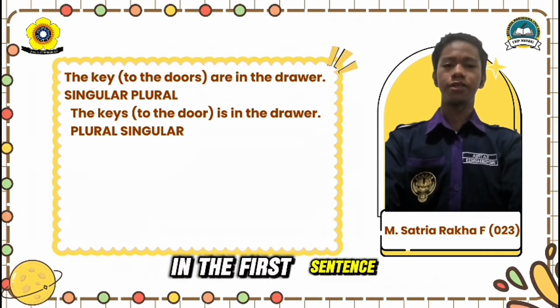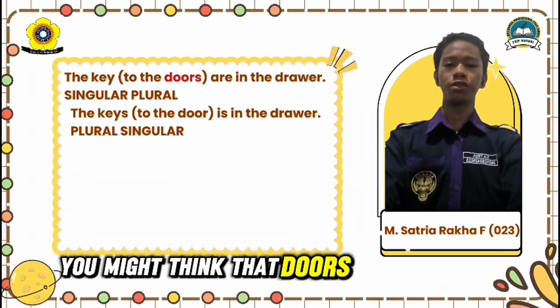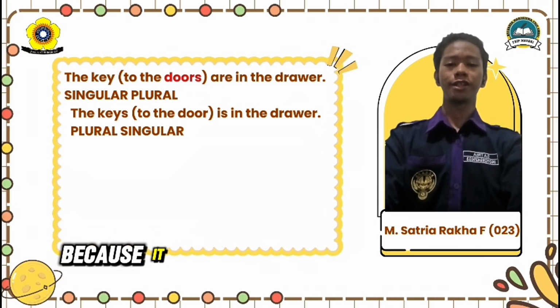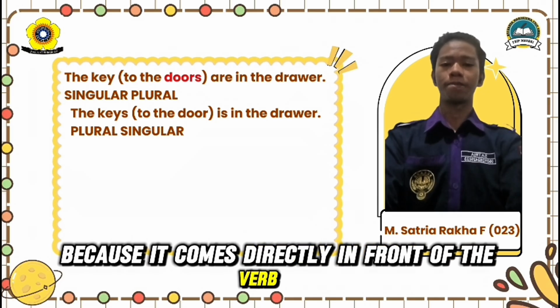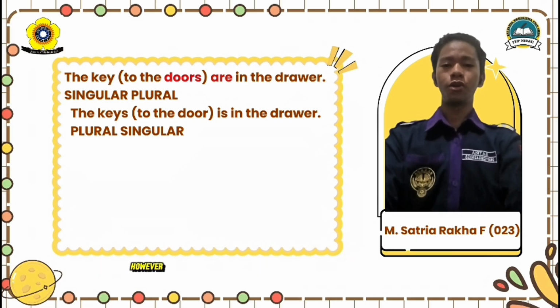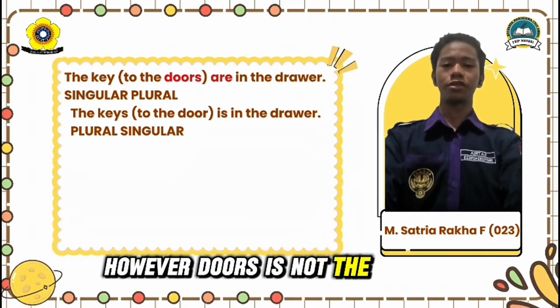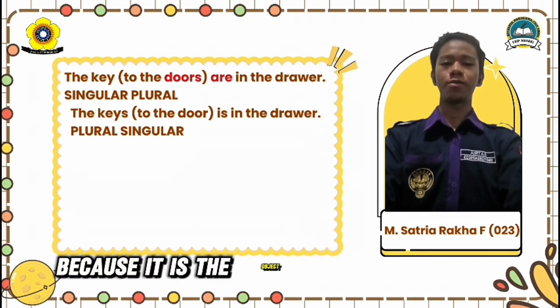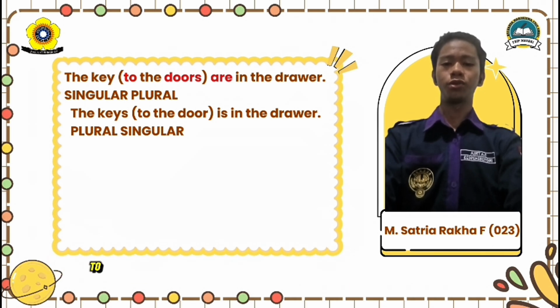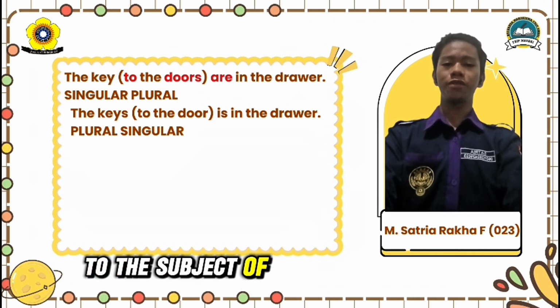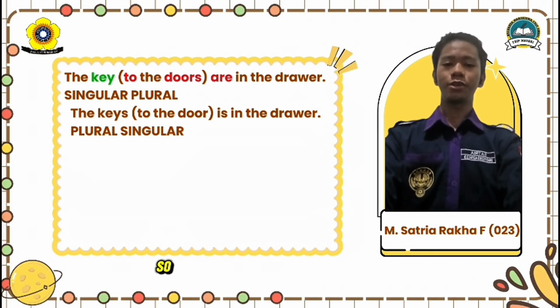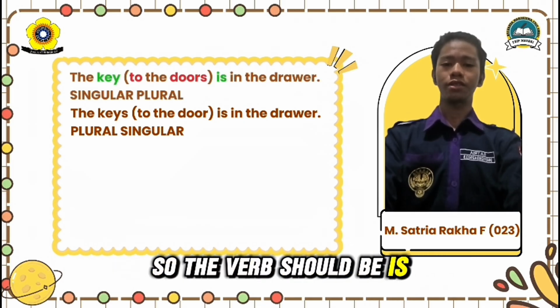In the first sentence, you might think that doors is the subject because it comes directly in front of the verb are. However, doors is not the subject because it is the object of the preposition to. The subject of the sentence is key, so the verb should be is.